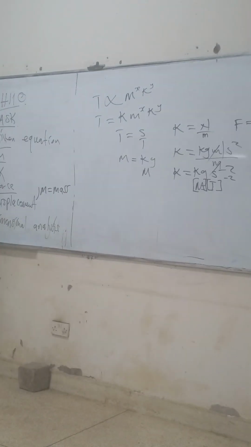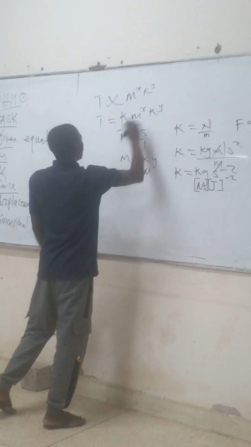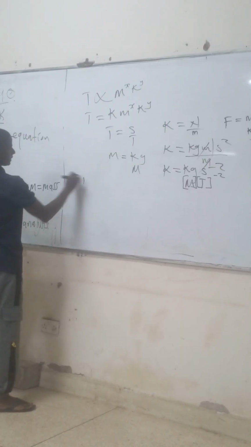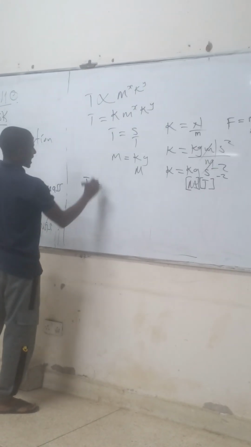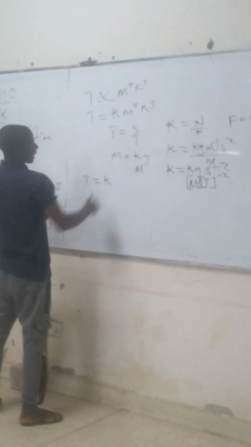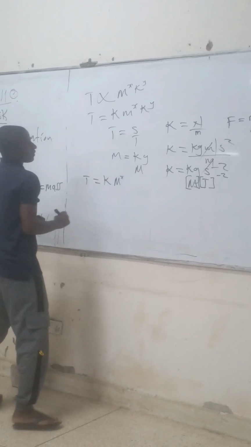And then from there, what you are going to do is replace into the original formula. That is T, meaning T is equal to constant, and then M, capital letter M, raised to power x, and then the constant.